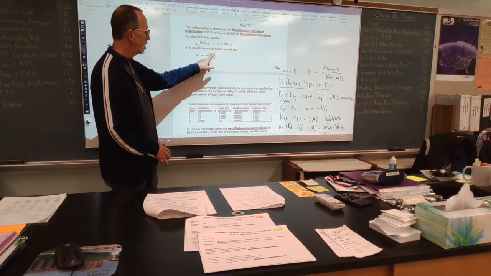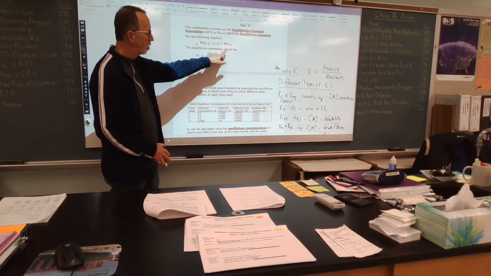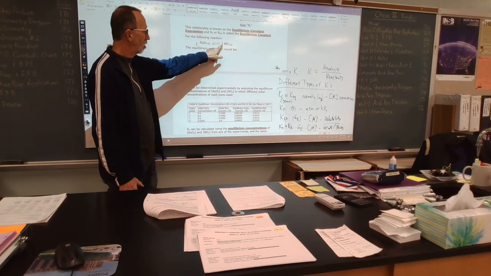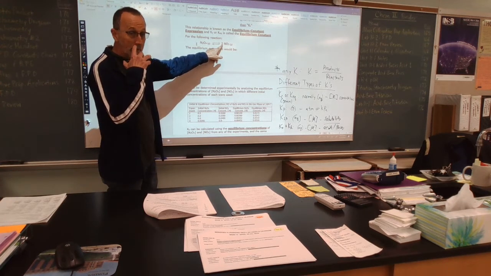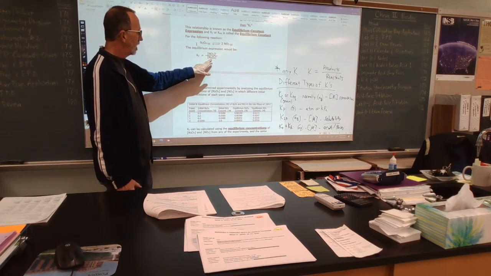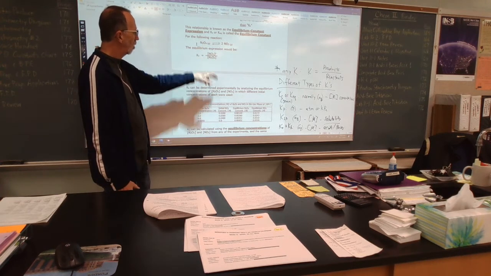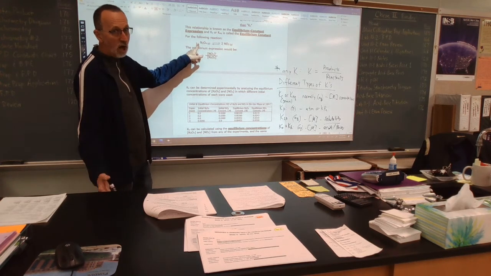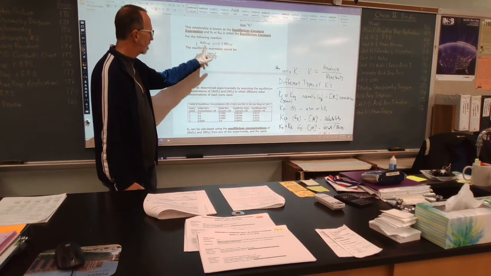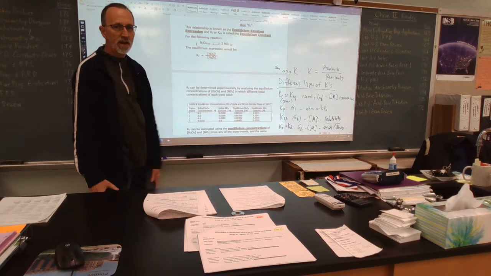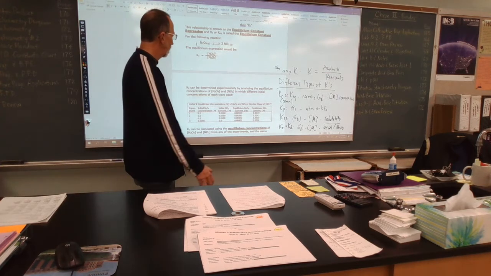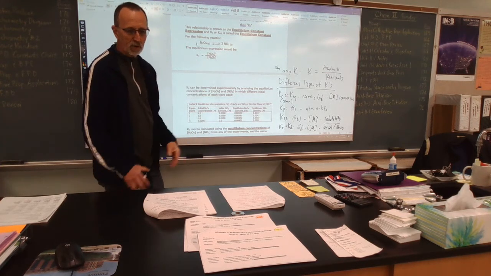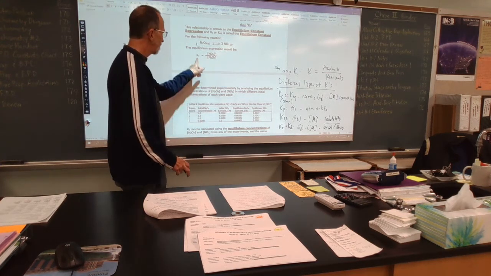So this is the concentration of our product, NO2, raised to the second power because of that mole number 2, over the concentration of N2O4, our reactant. There's just a 1 in front of N2O4, but since it's a 1, we don't need it. So this is the equilibrium expression for this reaction.